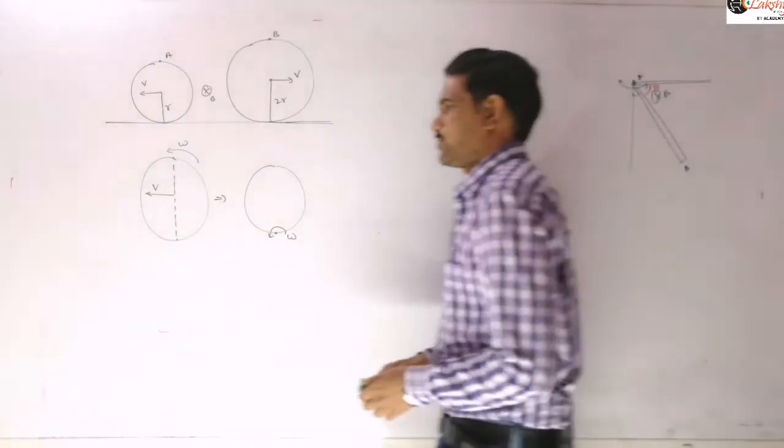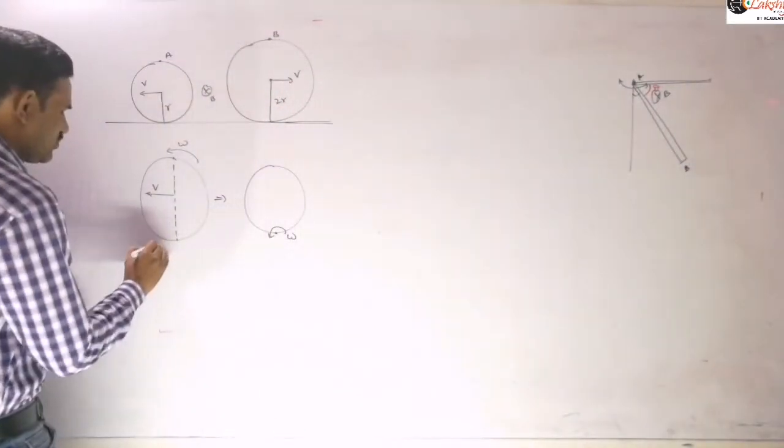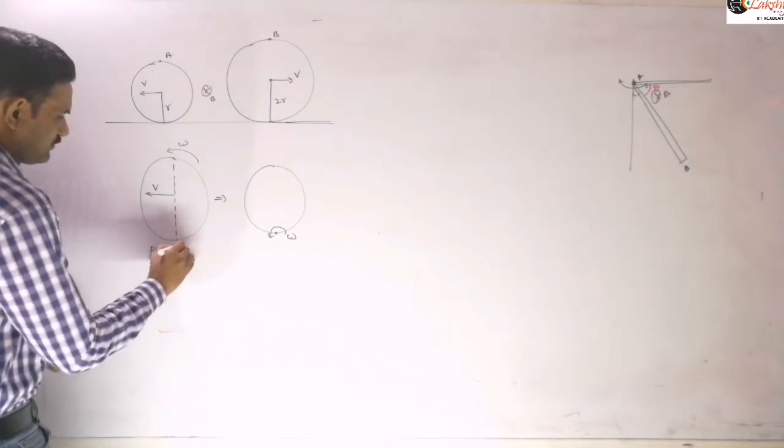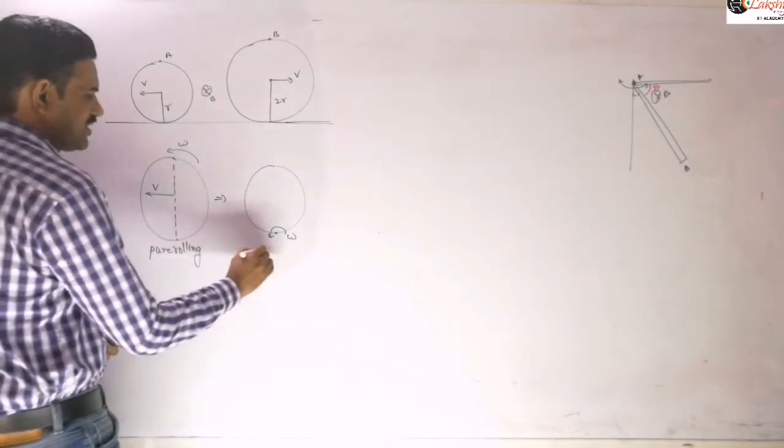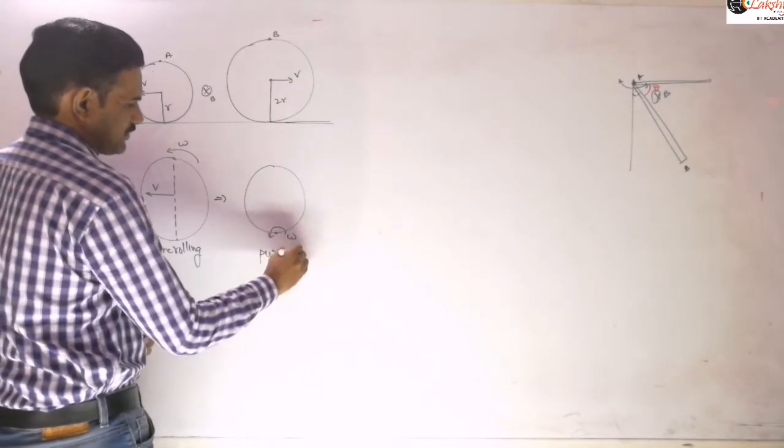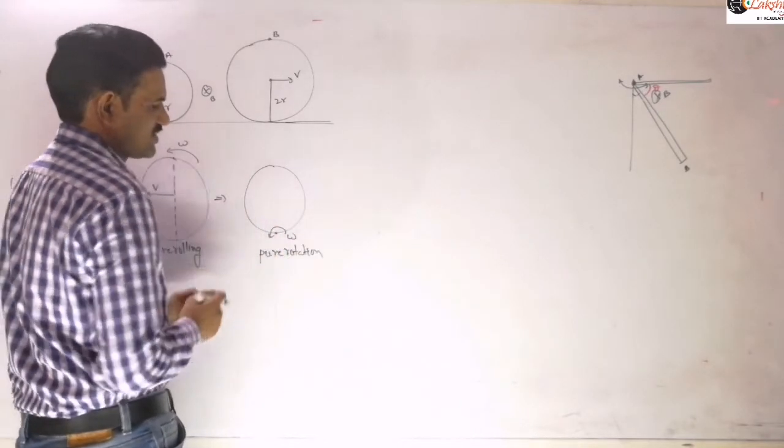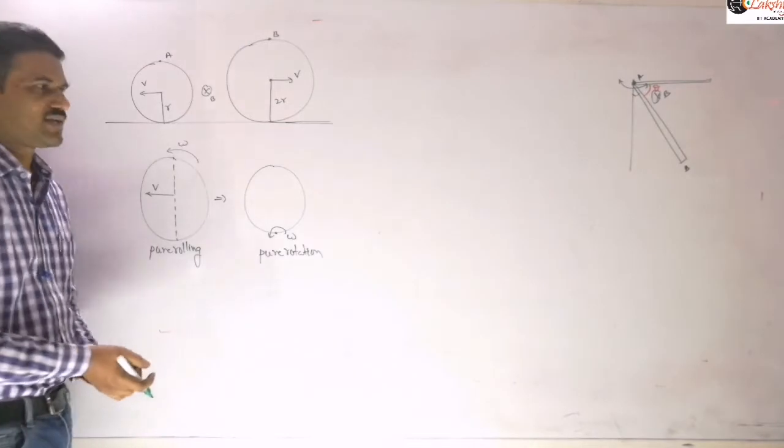So now this object is in pure rolling, and it is in pure rotation about the point of contact. So you can consider this case like this, right?